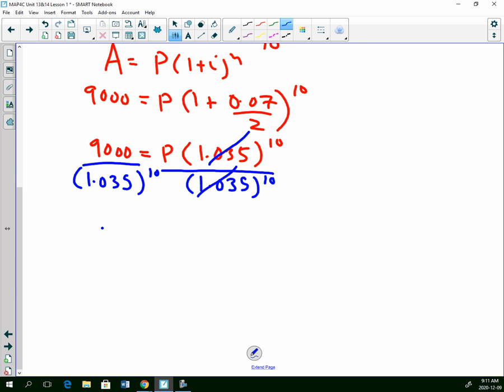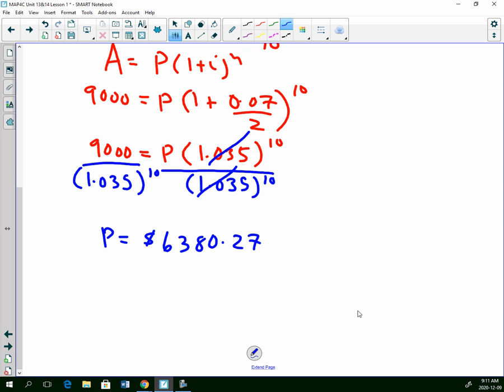So this time I am dividing 9,000 by 1.035 to the power 10. So do you think my answer will be more than 9,000 or less than 9,000? Less, right? I should start with less than what I ended with, because I've earned interest. So my answer should be less than 9,000.